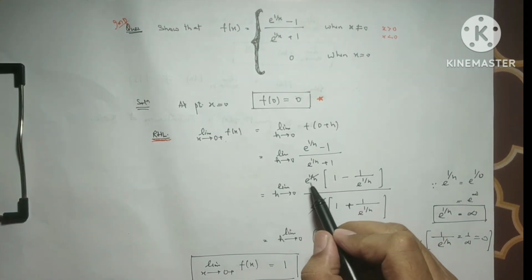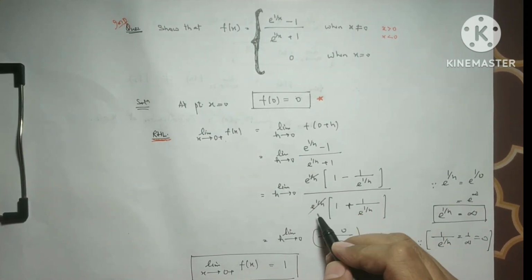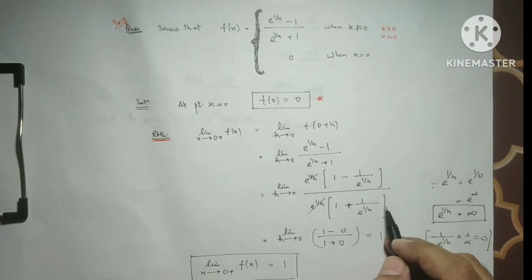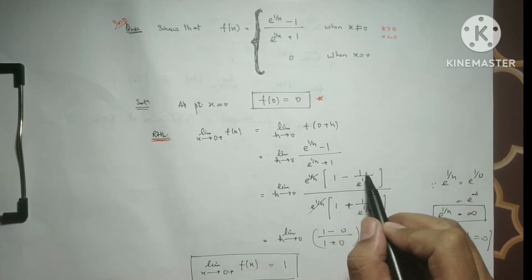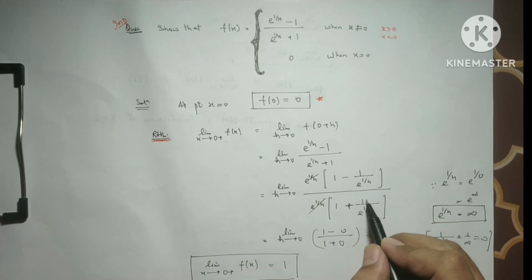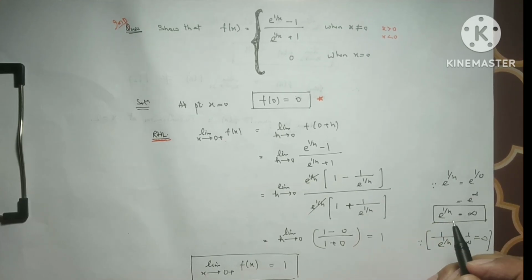When you take e raised to the power 1 over h as common from numerator and denominator, the remaining part is 1 minus 1 over e to the power 1 over h, and similarly in the denominator.